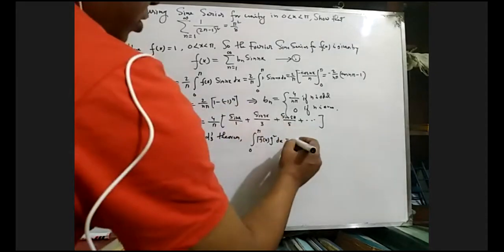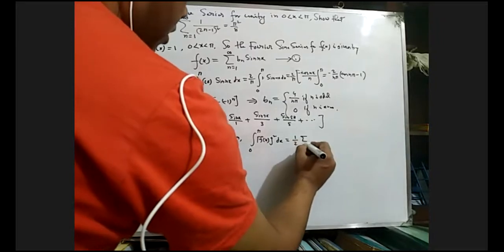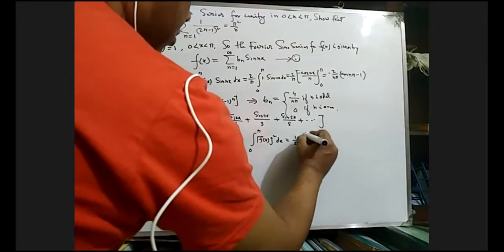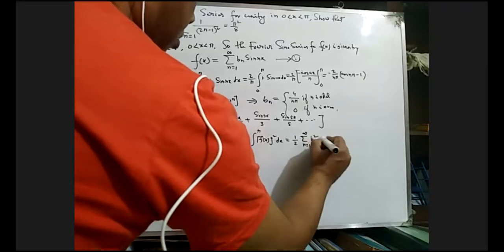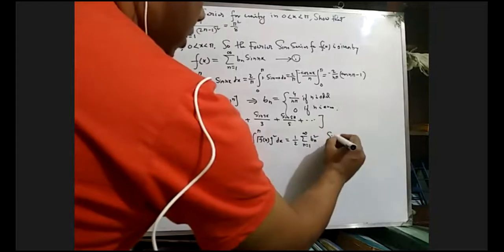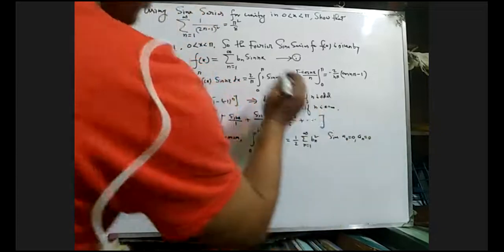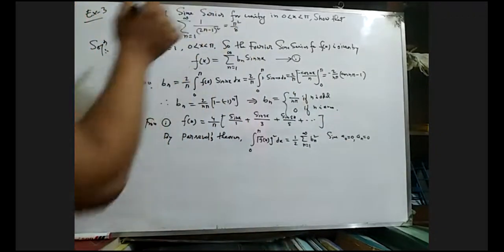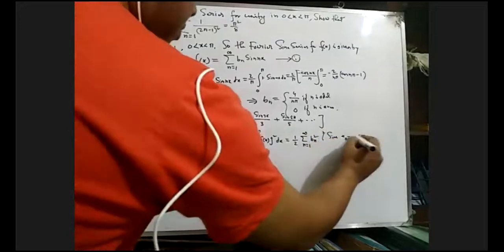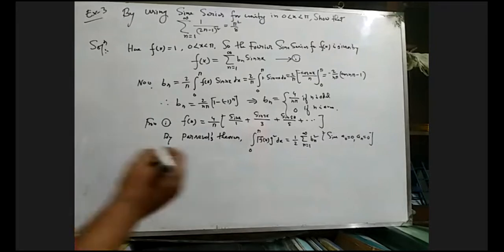Because a not equals to 0 and n equals to 0, so we get obviously the bn terms only, n equals to 1 to infinity bn whole square. Remember it, for sine series the cos coefficient will be 0.